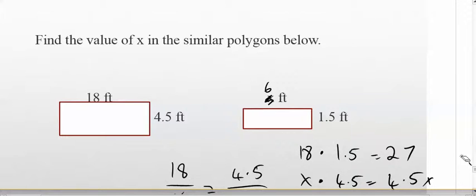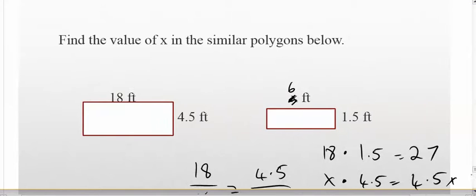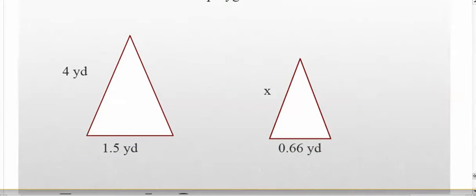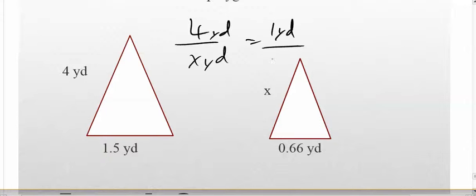Okay. And then our last problem is polygons. Find the x. And you literally just do the exact same thing as the last two problems, except now it's a little different because it's a triangle, but it's the same thing. So 4 yards divided by x yards equals 1 yard divided by 0.66 yards.